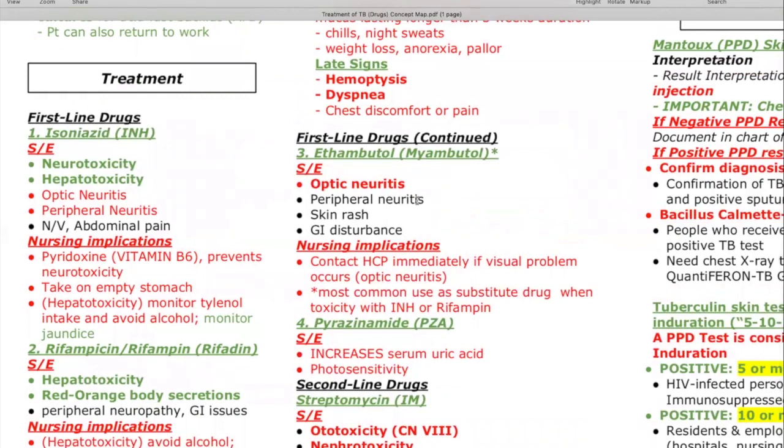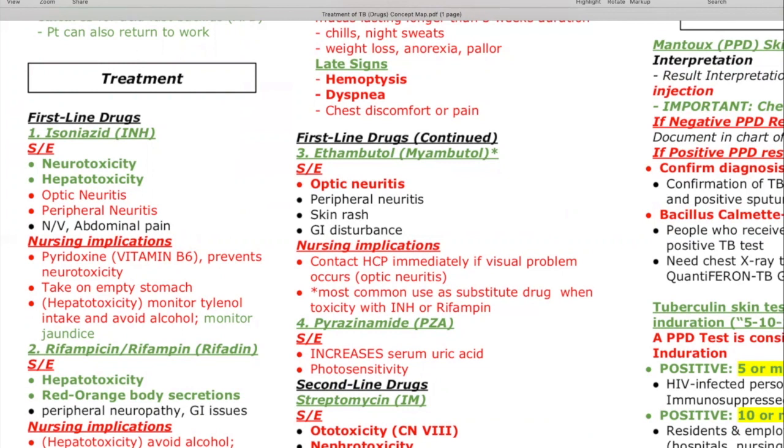So for the third drug in our first-line drugs, ethambutol, some side effects are optic neuritis, peripheral neuritis, skin rashes, and GI disturbances. Along with these side effects, for nursing implications our priority is to contact the provider immediately if visual problems occur.